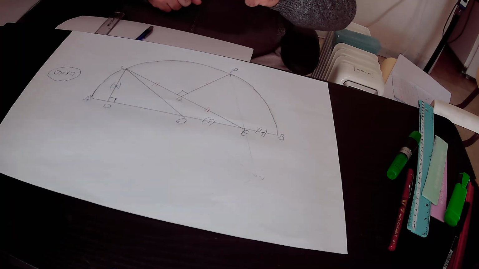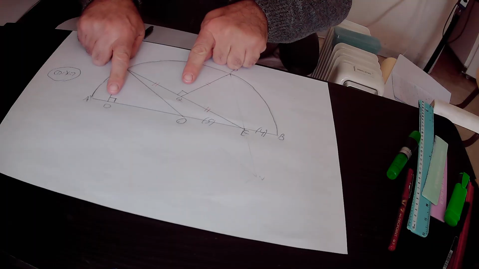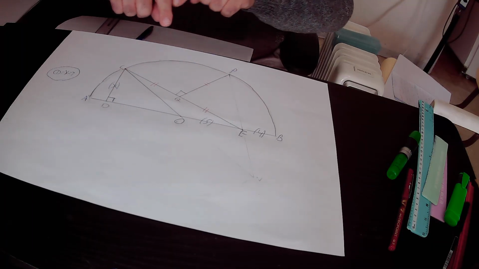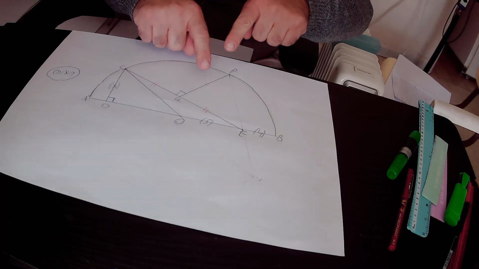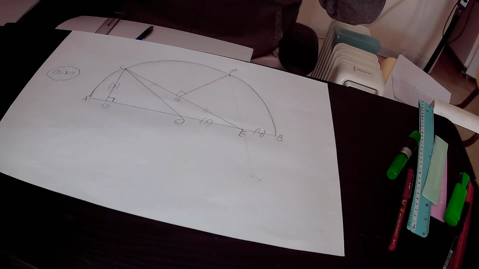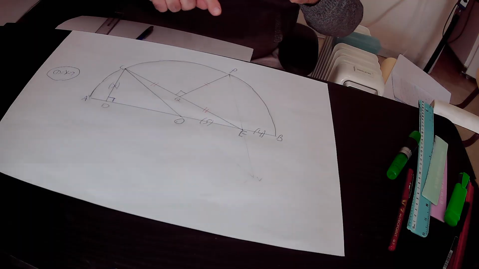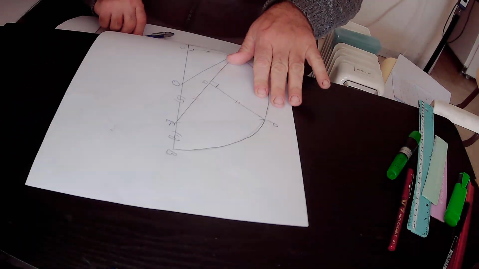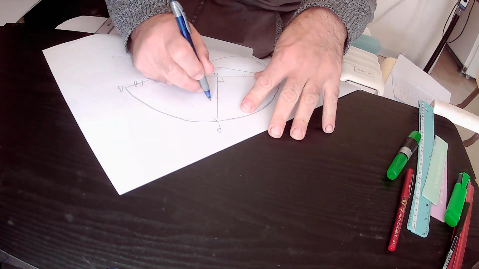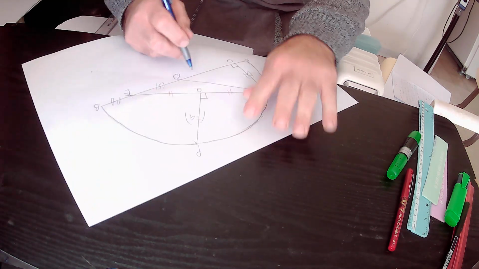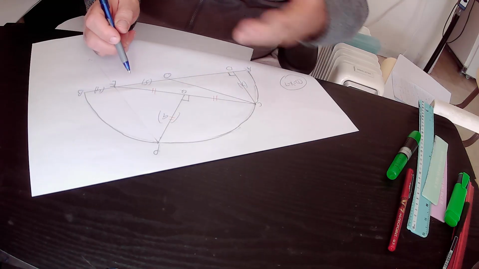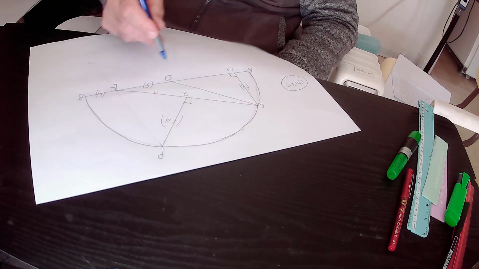In addition, we know that those two angles are both right angles. We also know that CQ equals PQ equals QE. So if we define the length of PQ as A, then the length of CQ and the length of QE must also be equal to A, because they are equal to each other according to what is given in the question.